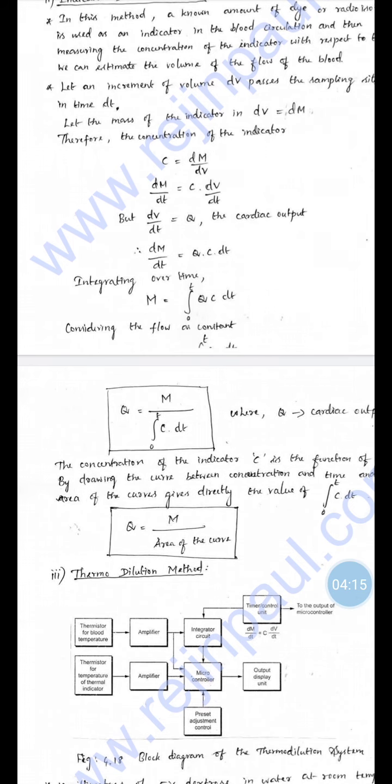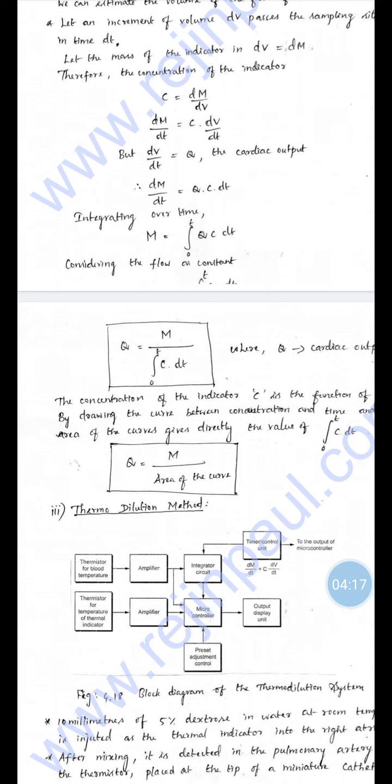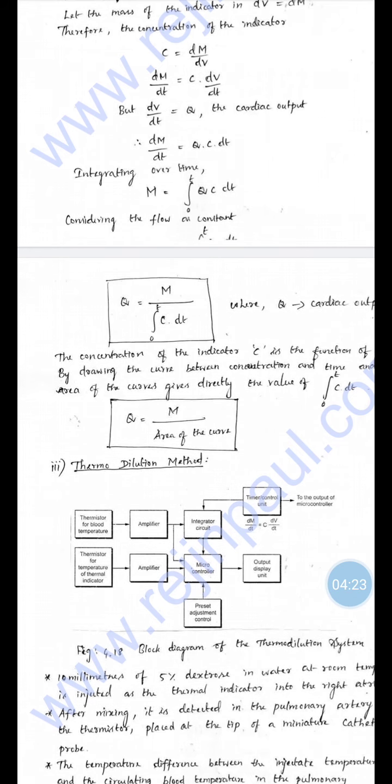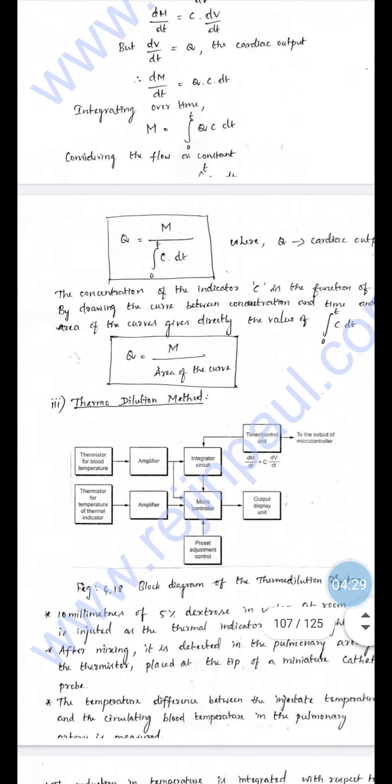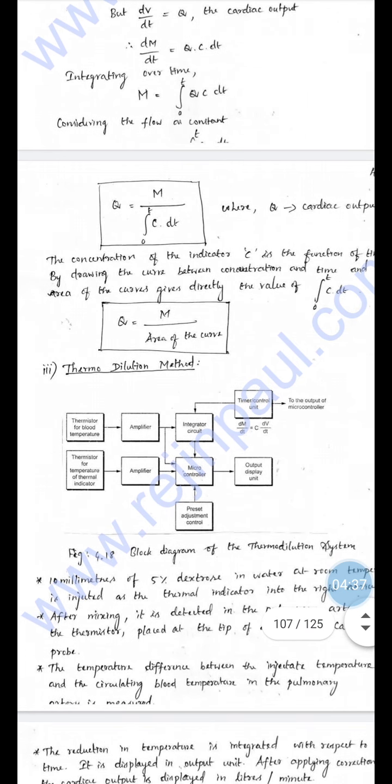Integrating over time, m is equal to the integral from 0 to t of QC dt. Considering the flow as constant, the cardiac output Q will be equal to m divided by the integral from 0 to t of C dt, where Q is the cardiac output.